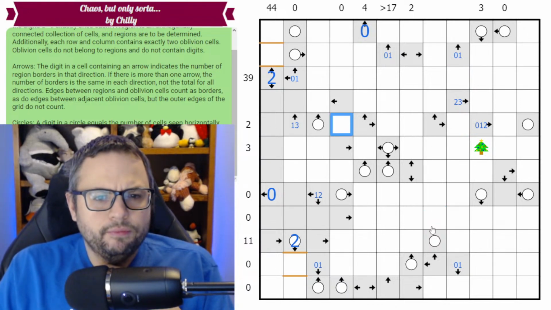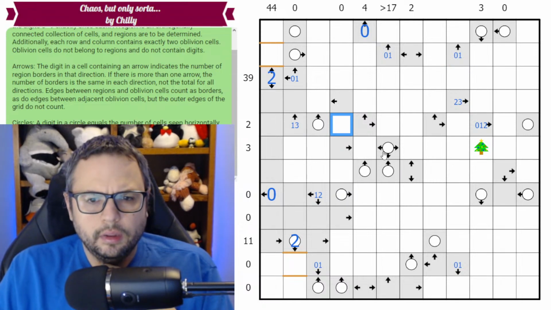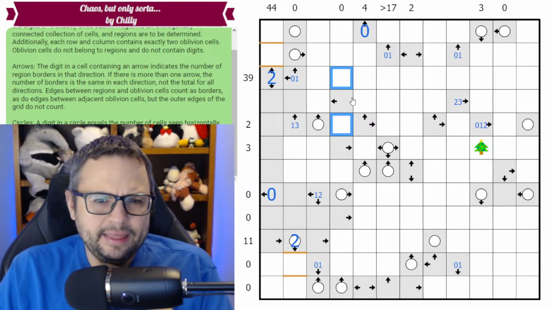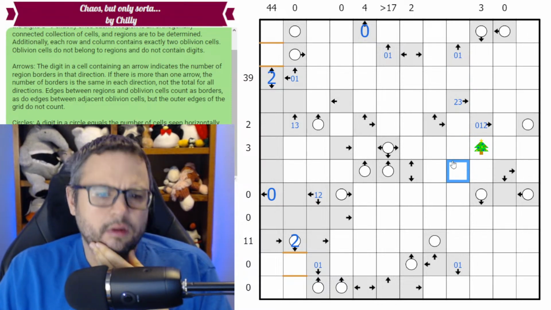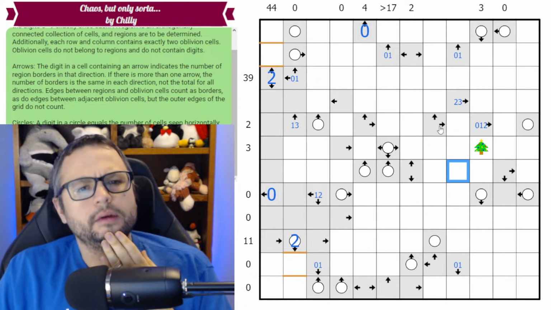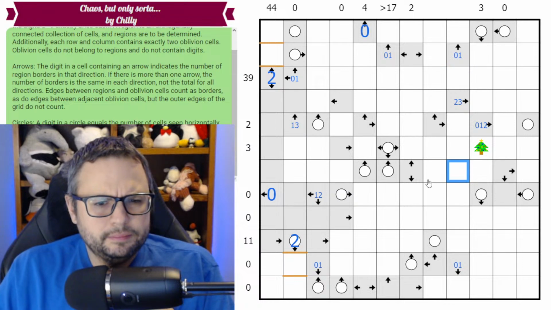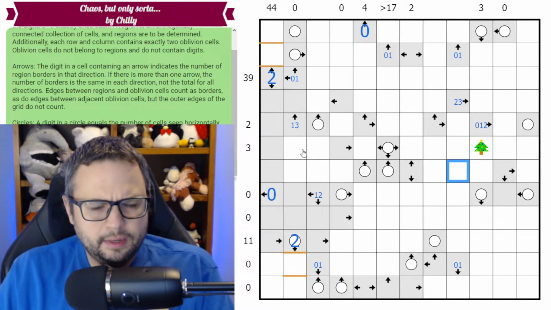Row 5, column 4 is gray, I am being told. Do I know that that's not a 0? That I'm not doing like that, and this is a 0? Let's see.